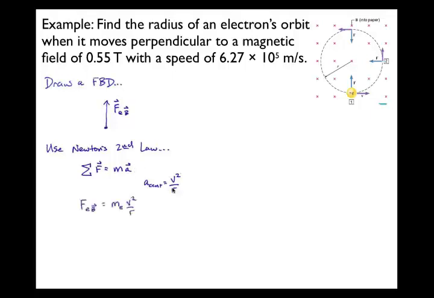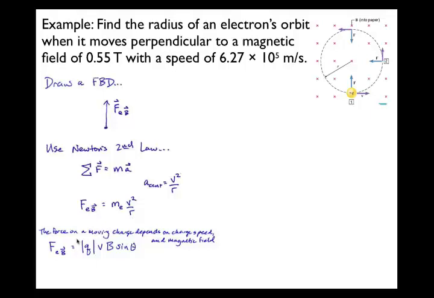So that means if I put all of these things in, the net force is only the force from the magnetic field, the mass is the mass of an electron, and the acceleration is the centripetal acceleration, which is the square of the speed divided by the radius. Well, the force on a moving charge depends on how fast that charge is moving and the magnetic field.